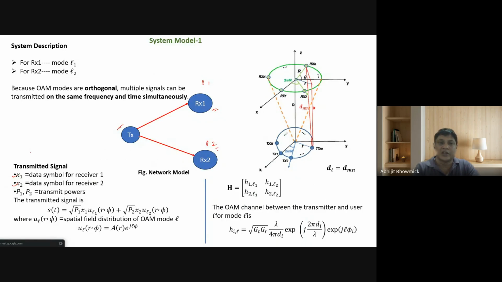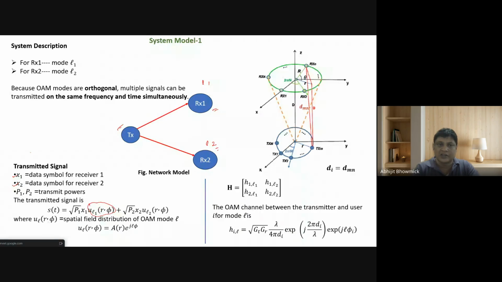So what would be the composite signal? s(t) is equal to the square root of P1 times x1, and I already mentioned that information is transmitted using the LG beam. X1 is the user information and P1 is the transmit power.